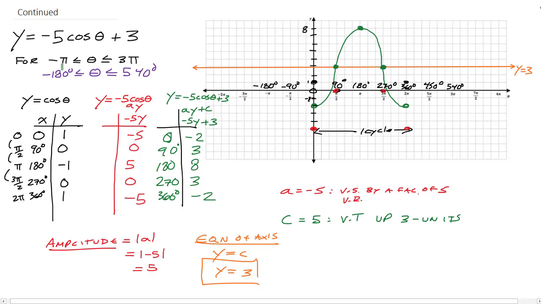Remember at the start I said I want you to draw it between negative pi and 3 pi, or negative 180 and 540. So we just need to continue the pattern. So let's move in the positives, right? What are we at? Negative 2, 3, 8, 3, negative 2. Now we're going to go back up to 3. Oops, did I miss a point? Nope, I'm good. 3, and we want to cut it off right here, at 540. So there's where I'm going to cut it off because it said stop it there.